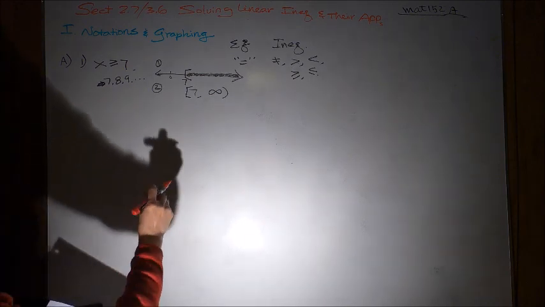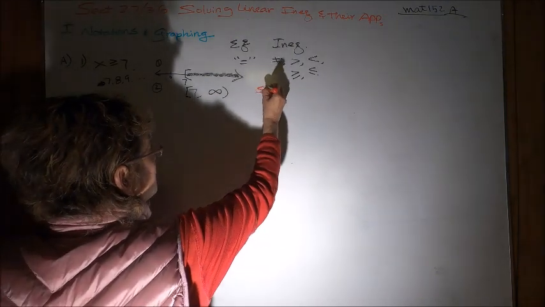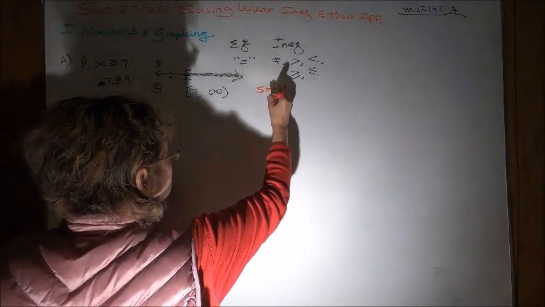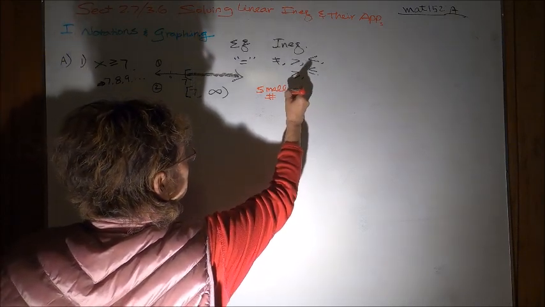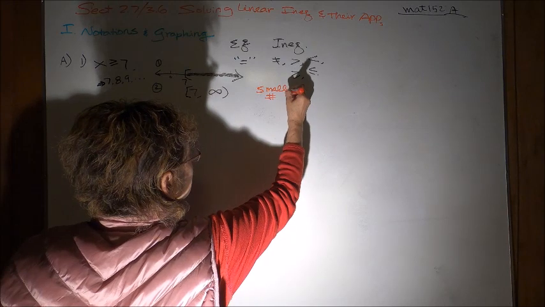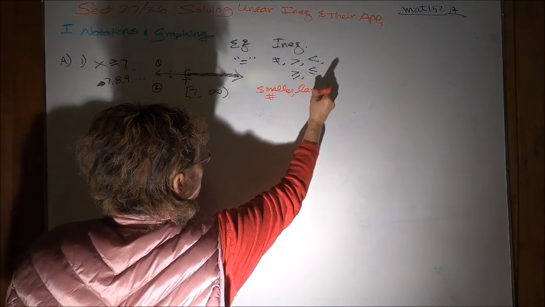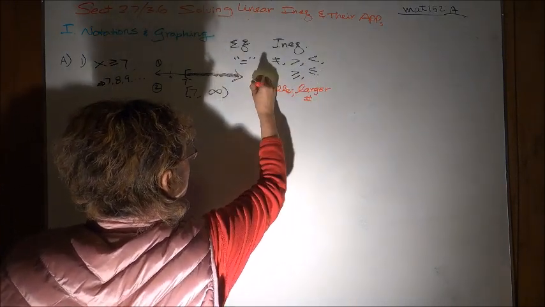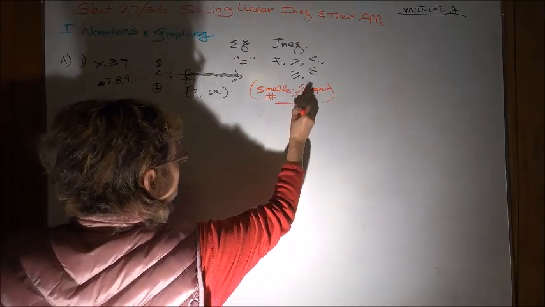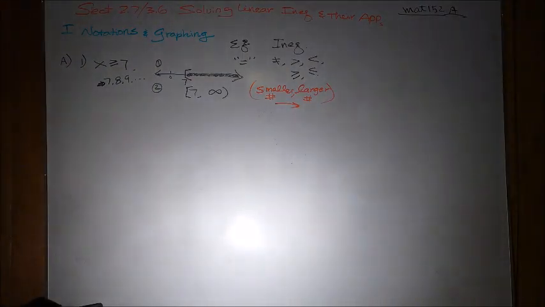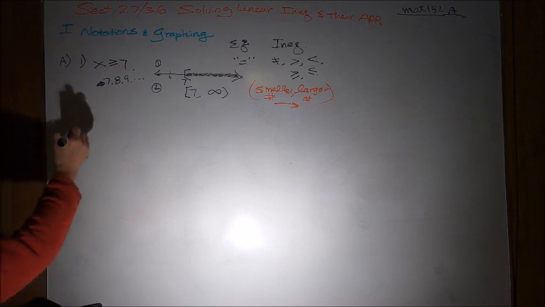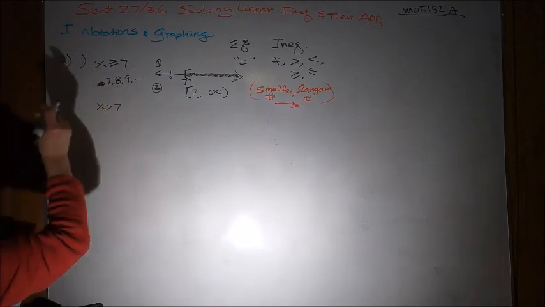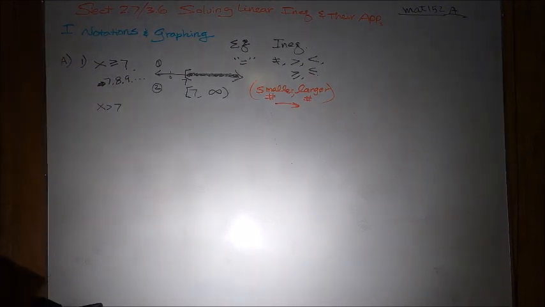For interval notation, we always write from the smaller number to the larger number on the right-hand side. So from small to large, that way, using brackets or parentheses, right? If we have x bigger than 7, what do you think?